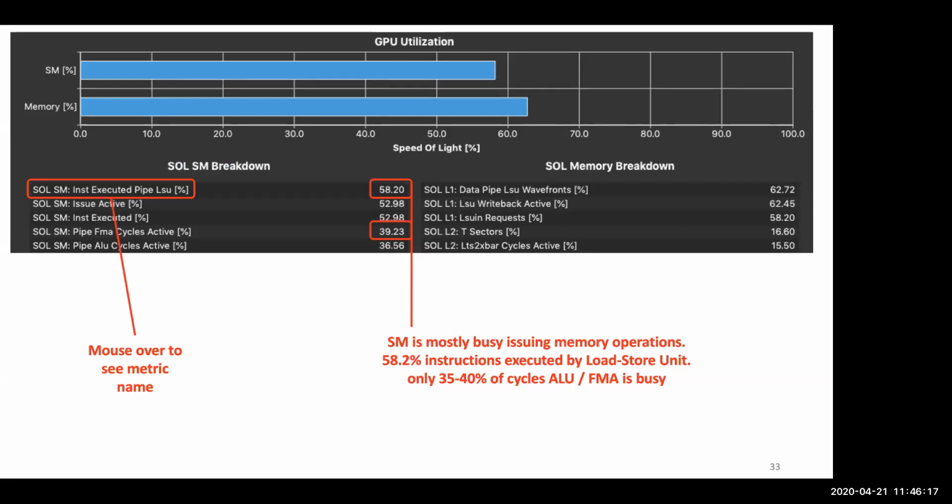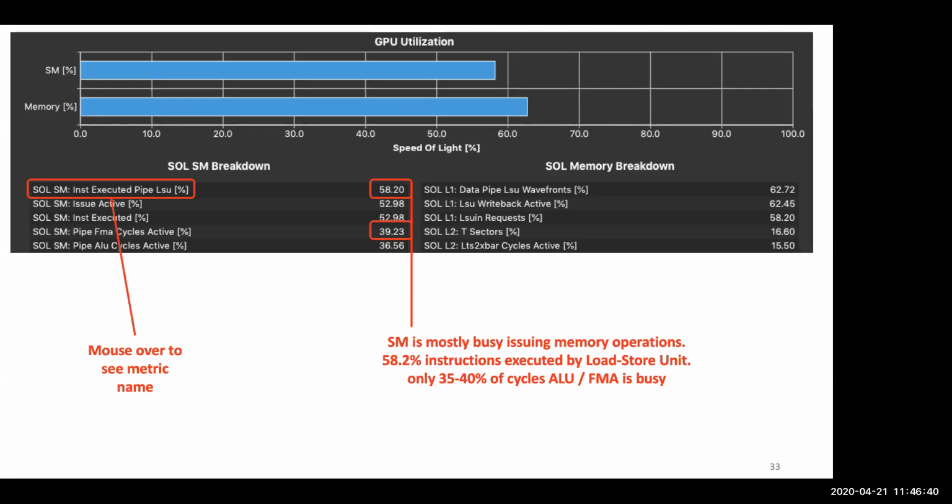So the SM is busy, but it's not really busy doing multiplications or additions, it's busy issuing load store instructions. What we can take away from this is that we're probably memory bound, because our SM is basically busy issuing a bunch of memory instructions. It's not busy doing math.